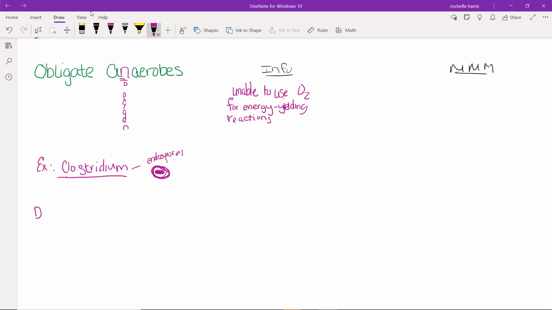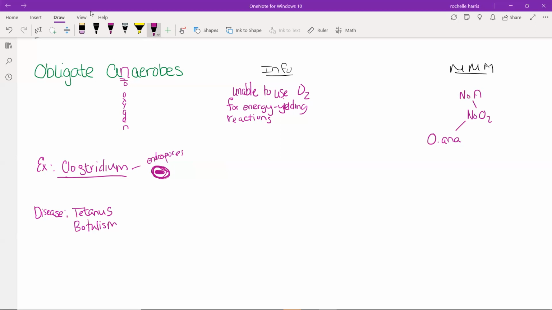The diseases that we see with Clostridium are tetanus and botulism. And here, same thing for our micro mind mapping. We have our microbe in the center. We know that they are unable to use oxygen, so no oxygen to create ATP.